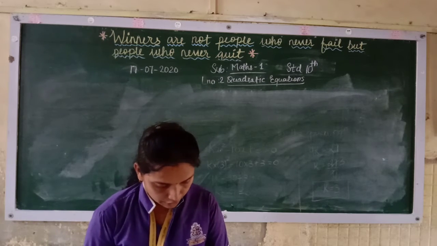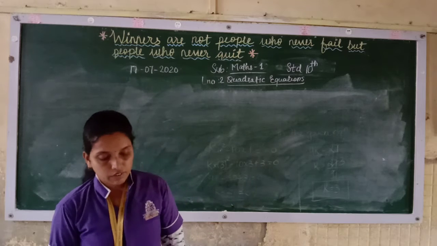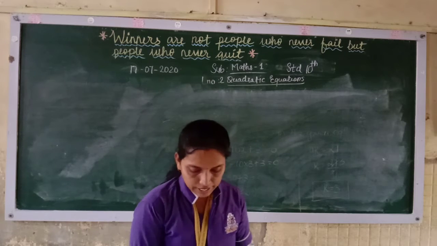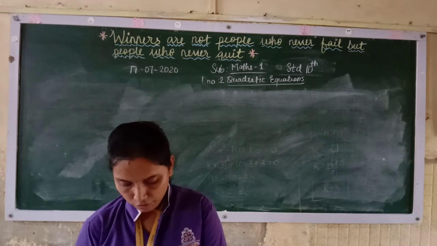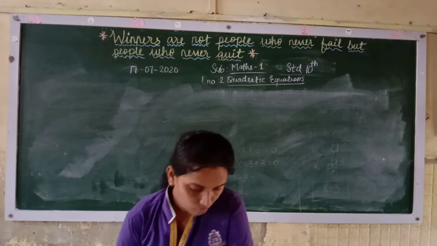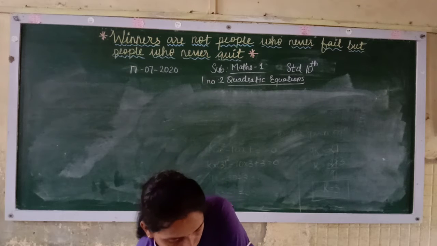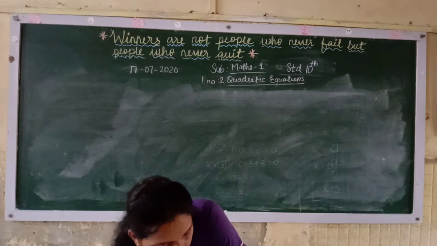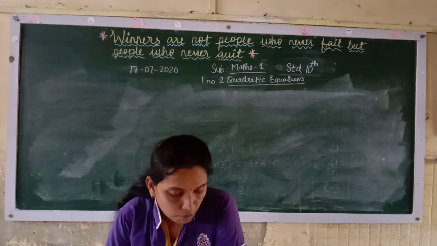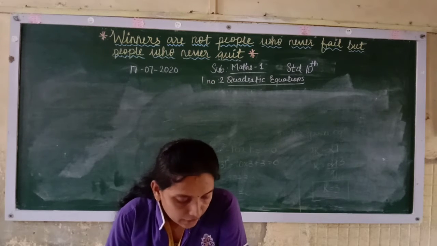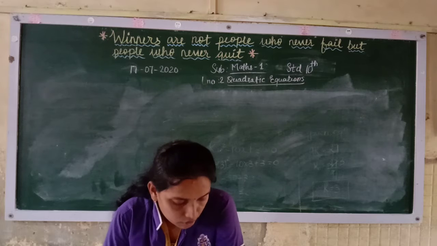So I hope you have understood this. Now the sixth one you can do, you have to put there minus 7 upon 5 in the equation. That is also easy. See, one of the roots of the quadratic equation 5m square plus 2m plus k is equal to 0 is minus 7 upon 5. Complete the following activity to find the value of k.